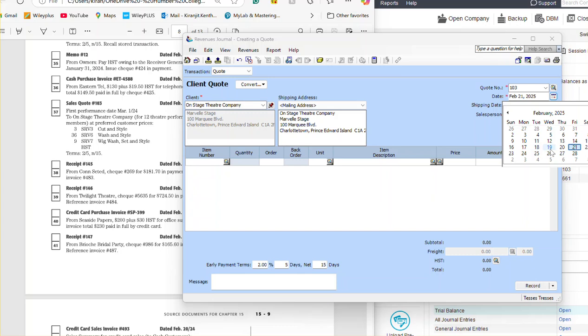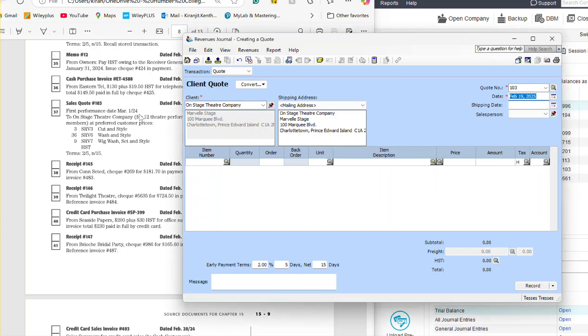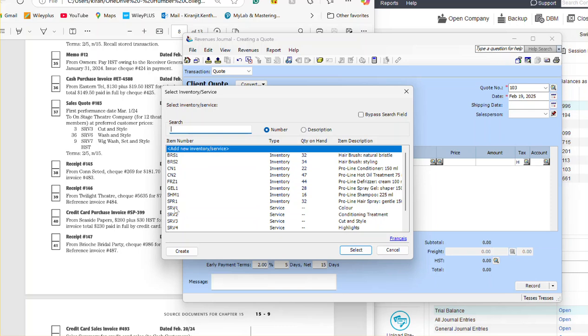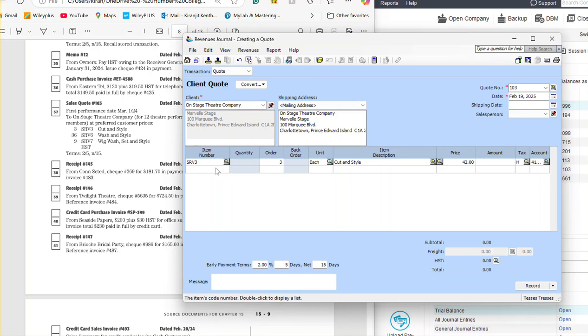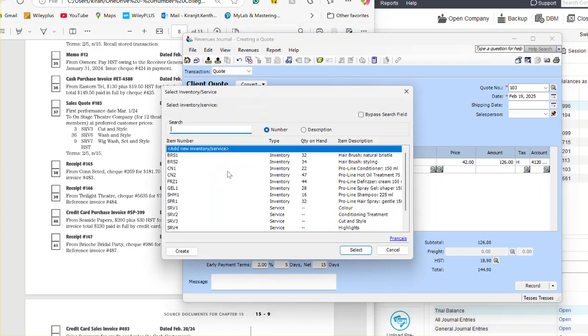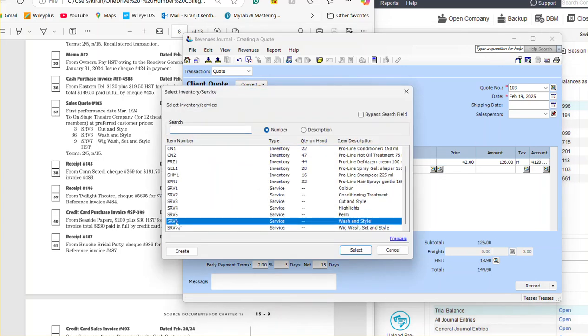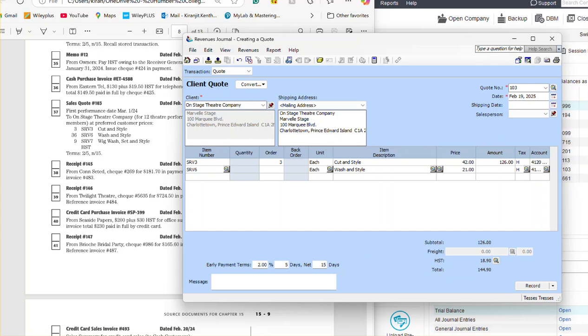I'm going to look at the 19. What did we do? So they want SRV 3, and that will be your number 3. I go to the next one, which is SRV 6, and that is my 36.